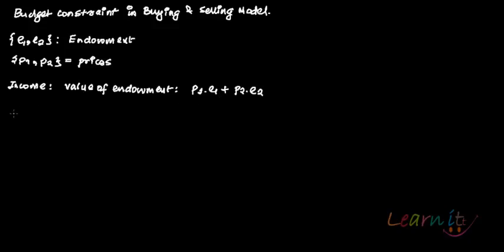Now, what is he consuming? His consumption is basically two goods, X1 and X2. Okay, so what is his expenditure?